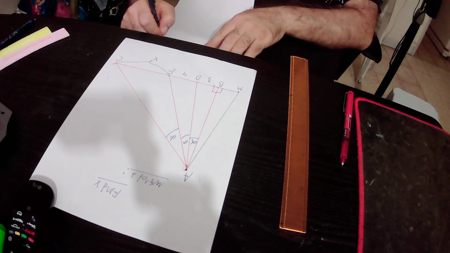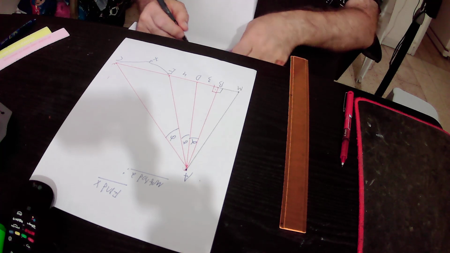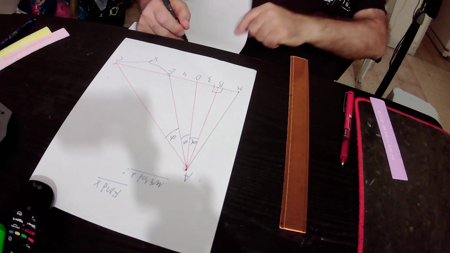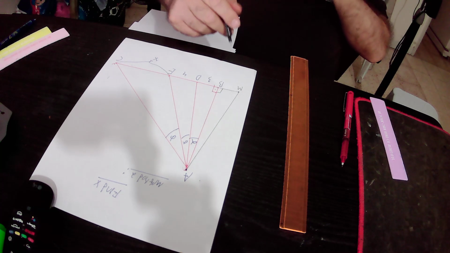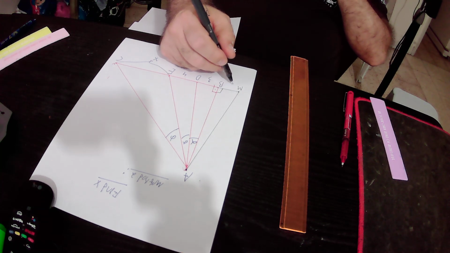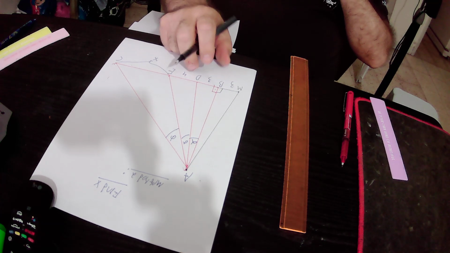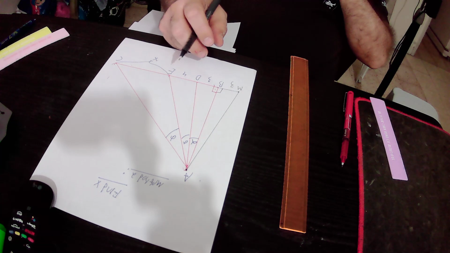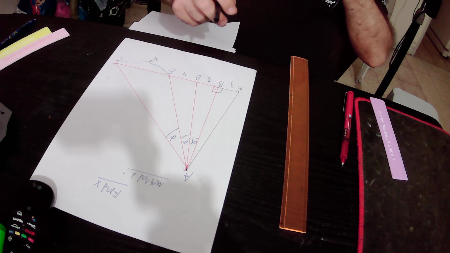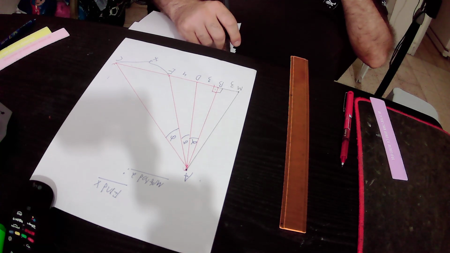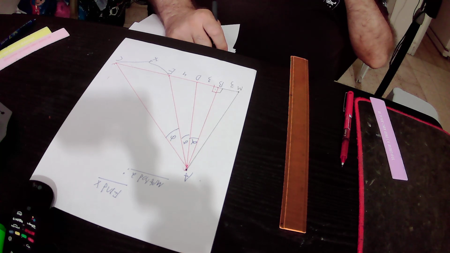Okay? Again, we extended BD by 3 units, so MB equals 3 units. Okay?